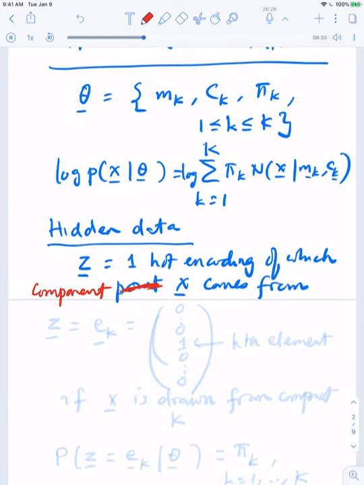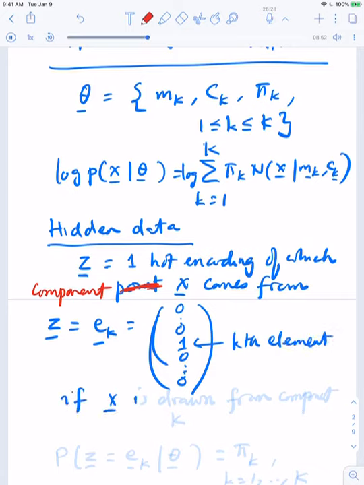So let me just remind you of the one-hot encoding. Z is equal to the unit vector e_k, which is basically 0 everywhere except in the kth component, if X is drawn from component k.